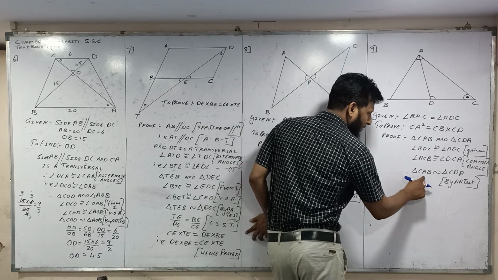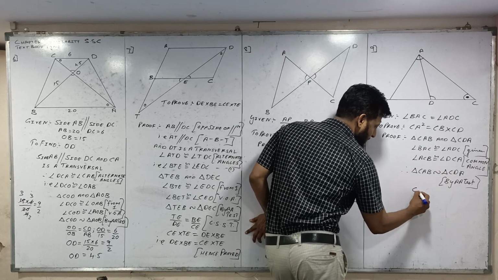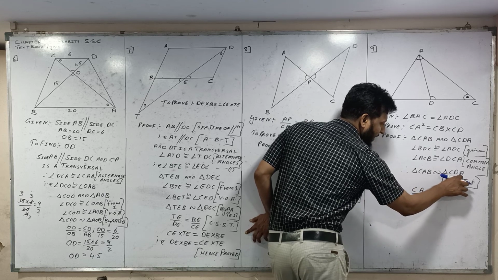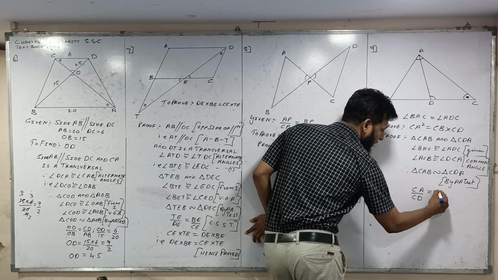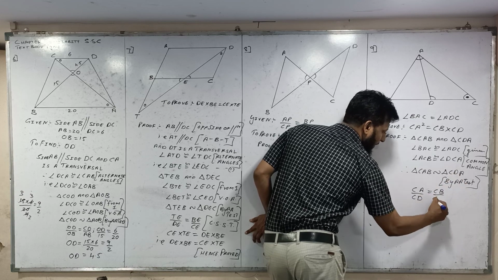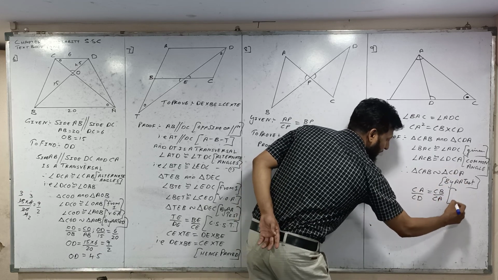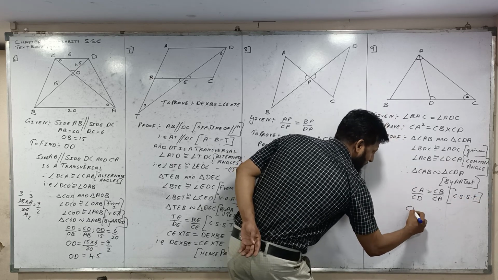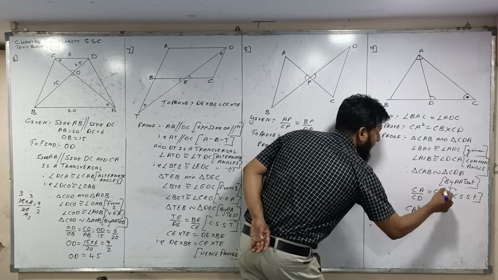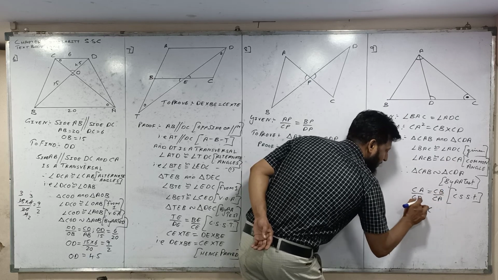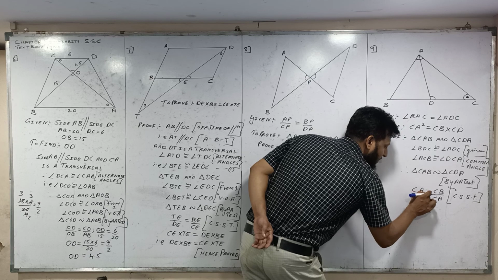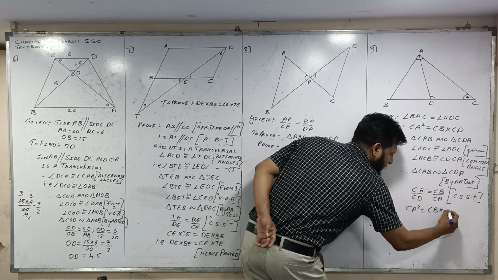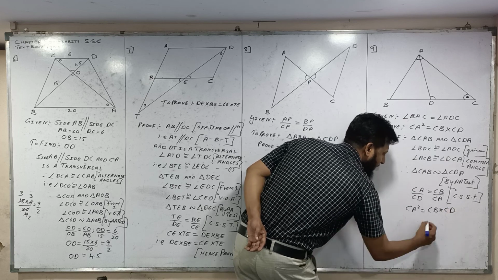So here CA proportional to CD, and here CA is this, so take CD proportional to CA. Again corresponding sides of similar triangles. CA into CA is CA square, equal to CB multiplied by CD. CD will come to the right side, then it will be multiplied. Okay, hence proved.